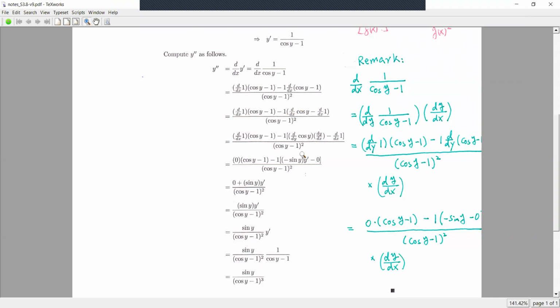So in this computation, I use the quotient rule first, then the chain rule. Here is a second computation of this derivative. In this second computation, I use the chain rule first, then the quotient rule.